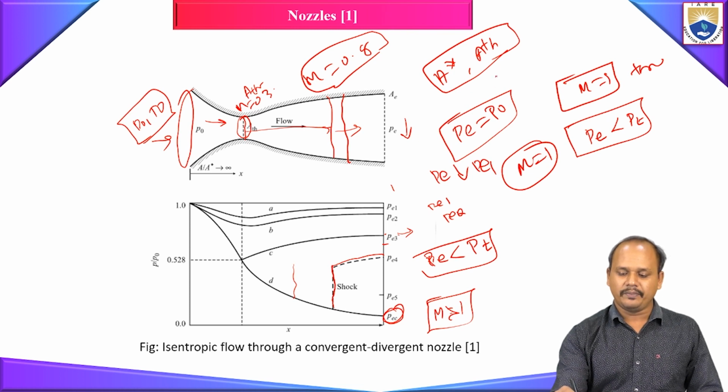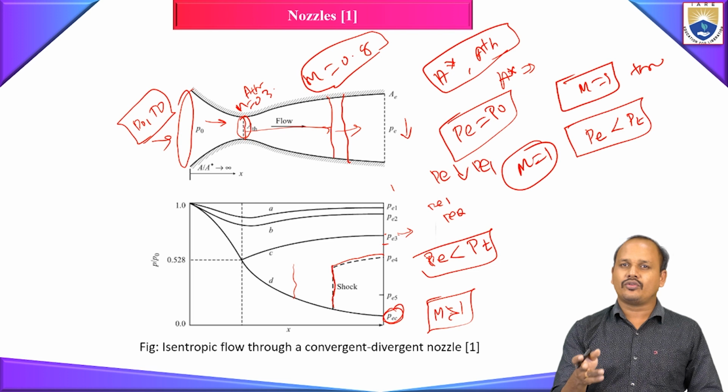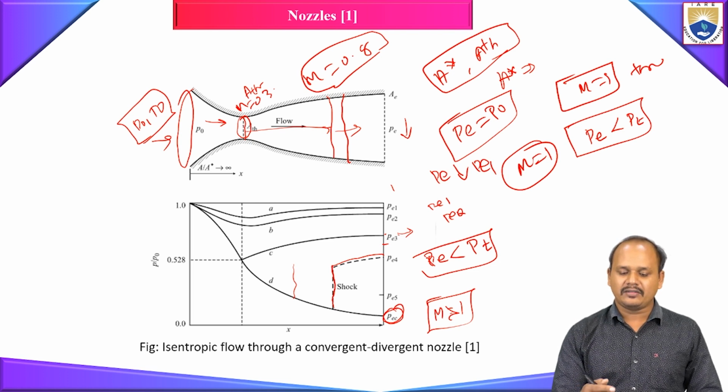If I denote the throat location by the A star, it means the flow through that particular nozzle is choked. If I simply mention ATH, it means it is an unchoked nozzle. A star means basically it is a choked nozzle.